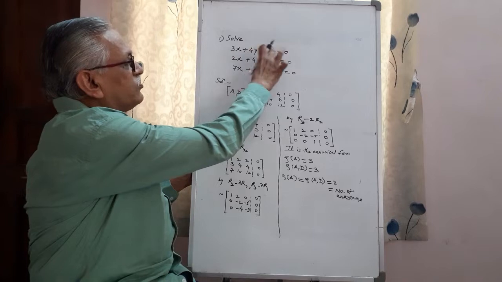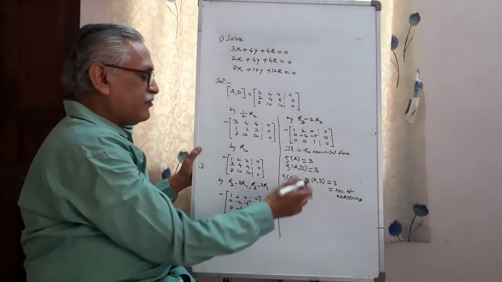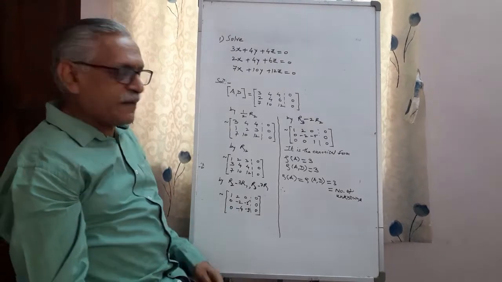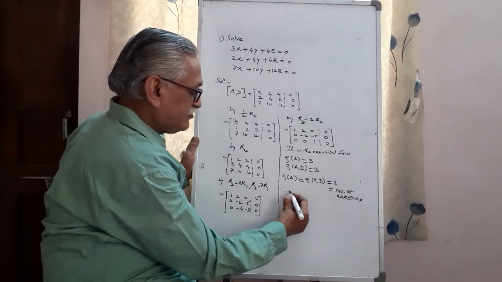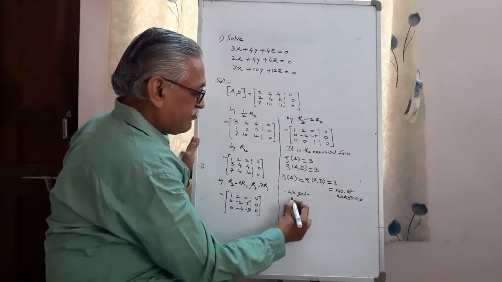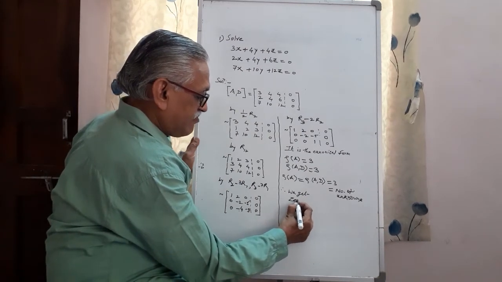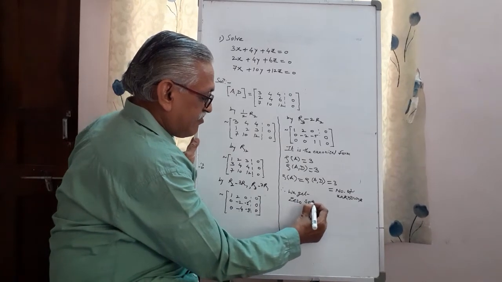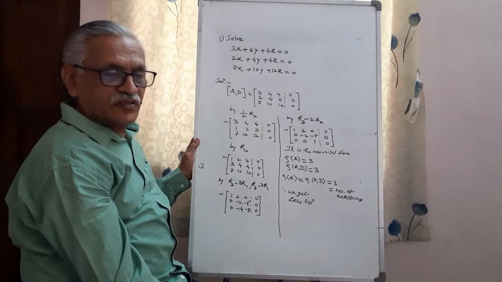Unknowns here 1 2 3, and therefore, as per the condition we have discussed earlier, here we get zero solution.